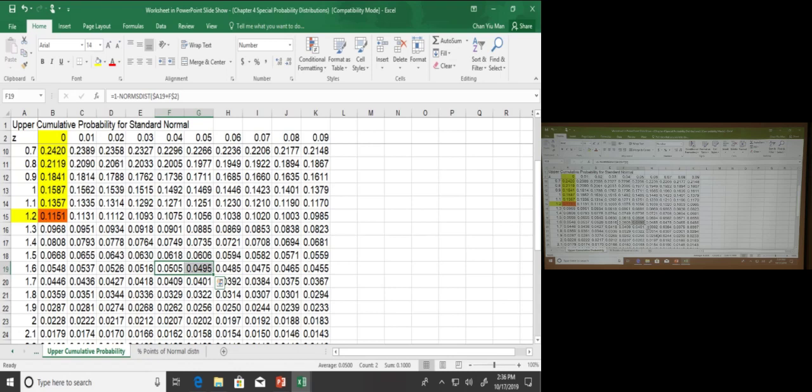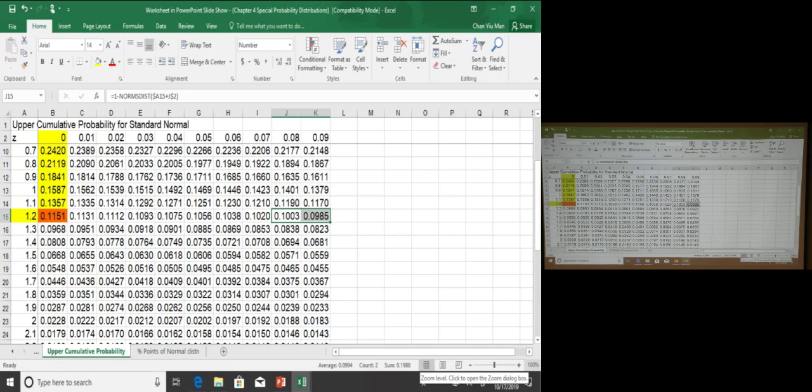But let's say 10%. Then where's 0.1? Now, this one, these two, right? This is the probability. When z is greater than 1.28, the probability is about 10%.